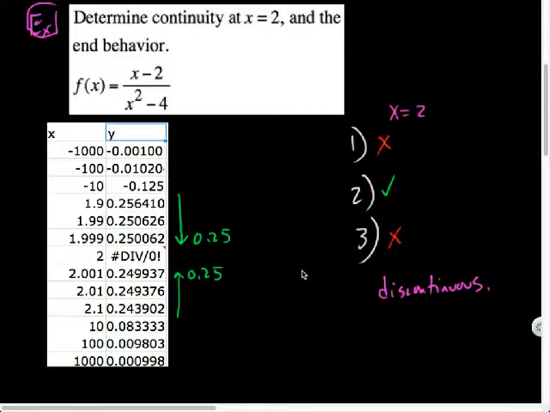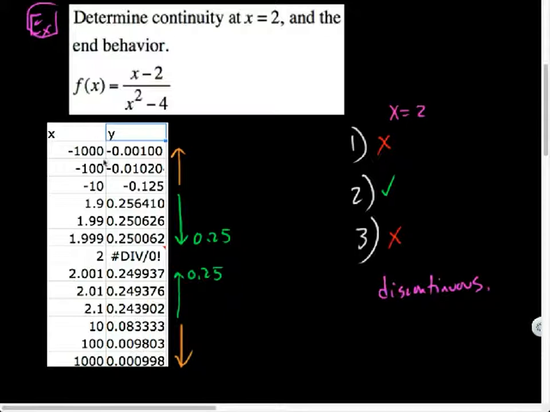So discontinuous. Now let's talk about end behavior. I'm talking about really, really big values of x, or really, really largely negative values of x. When analyzing this, notice that my little table automatically is plugging in like negative 10, negative 100, negative 1000, and then positive 10, positive 100, positive 1000. It's simulating those big negative numbers and those big positive numbers.